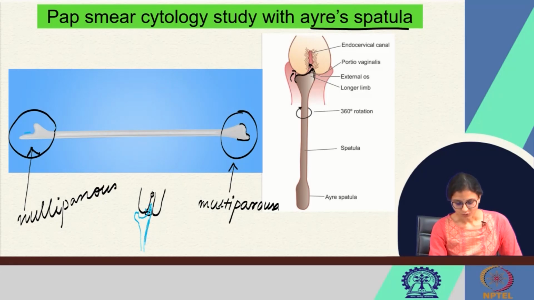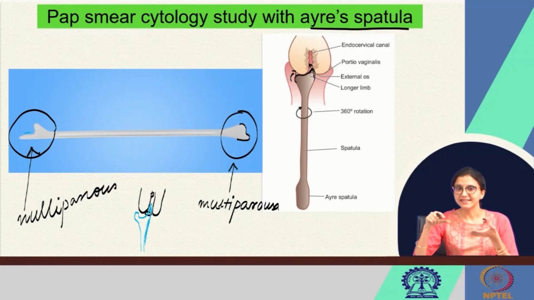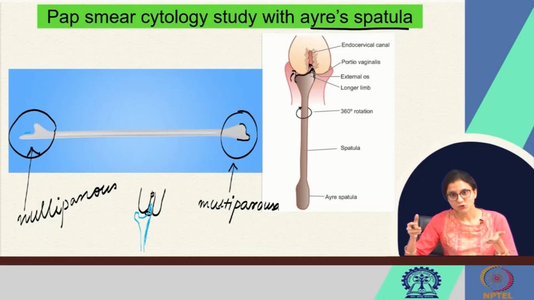Again we rotate 360 degrees and we get scrapings both from the endocervix as well as the exocervix, and then we place it over a slide and see it under the microscope after fixing it with ethyl alcohol.